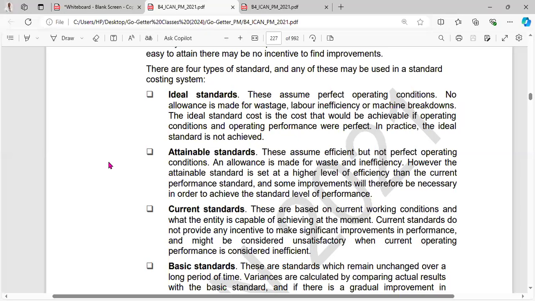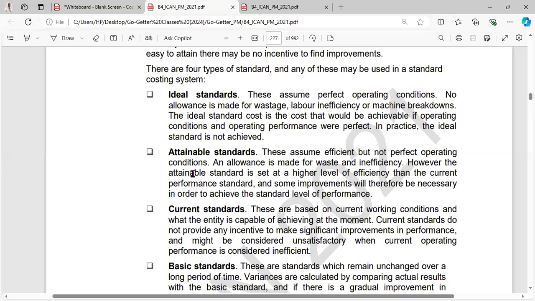But if everything is ideal, the ideal standard is to have 2 hours. Because we want to make some allowance for inefficiencies, we say okay, from 8 o'clock to 11, instead of from 8 to 10 most times, which is the normal thing, or from 9 to 11. These are attainable standards so that we know waste is inevitable.